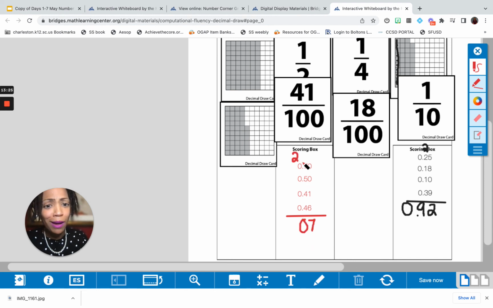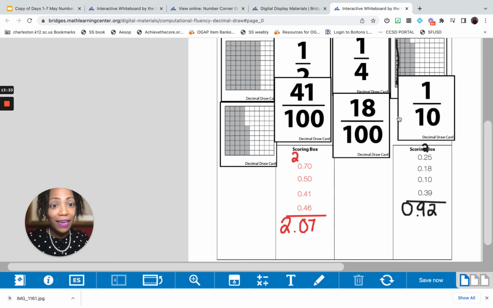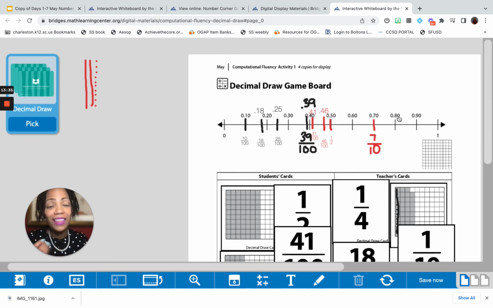You guys probably could tell that you won without even doing the addition, and you did. But that is how we play the game Decimal Draw. And this is a game that we will play a few times this month as a way to review decimals as numbers, converting fractions to decimals, and locating numbers on a number line.